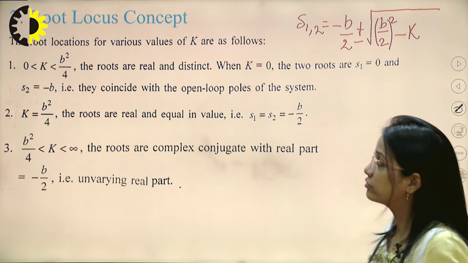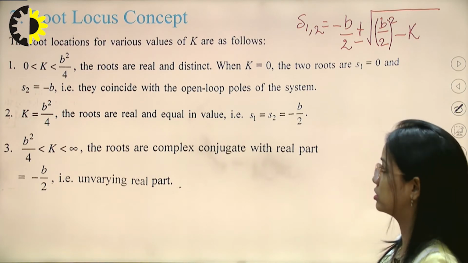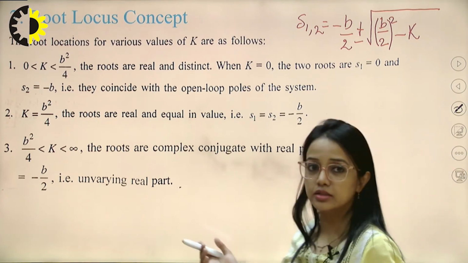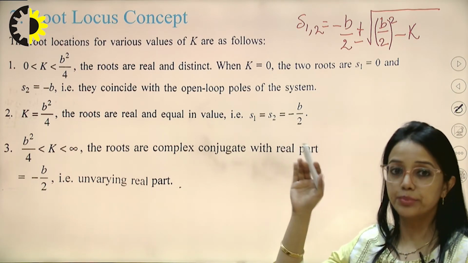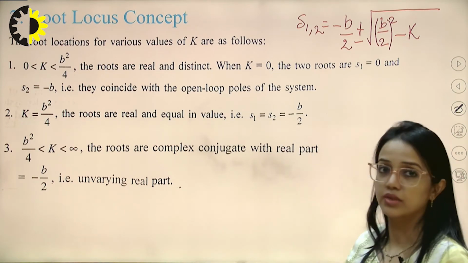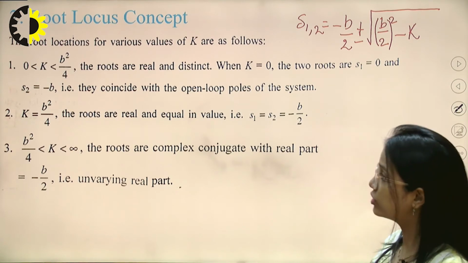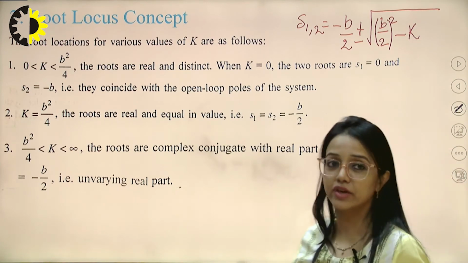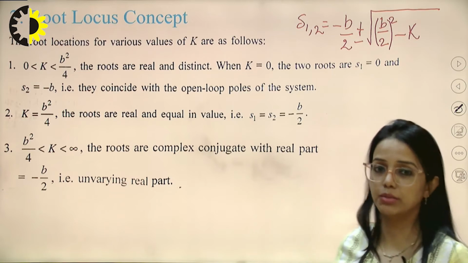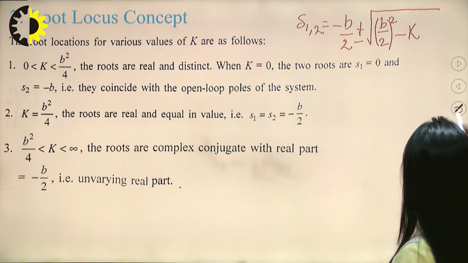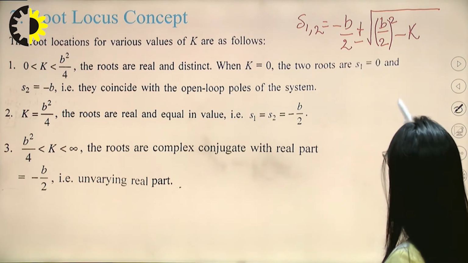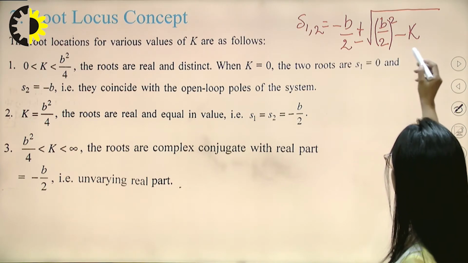The first assumption is that let us consider that the k value is somewhere between 0 and b square by 4. So we have to assume a value where k is between 0 and b square by 4.